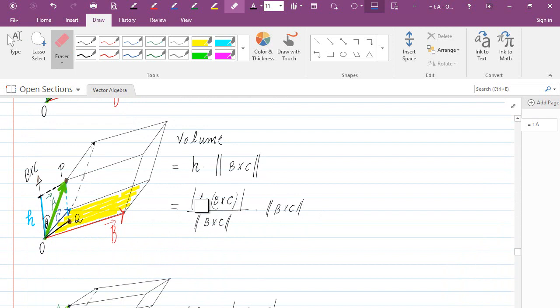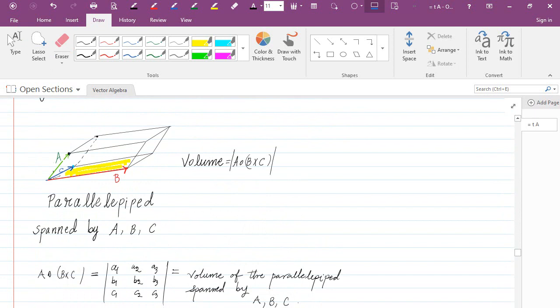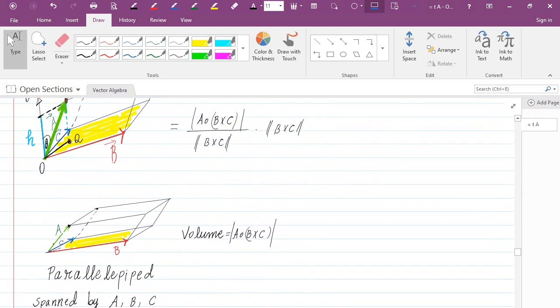The height is the absolute value of A dot B cross C divided by the length of B cross C, multiplied by the length of B cross C. So these two cancel out, and as a result we see that the volume will indeed be given by the absolute value of the scalar triple product A dot B cross C.